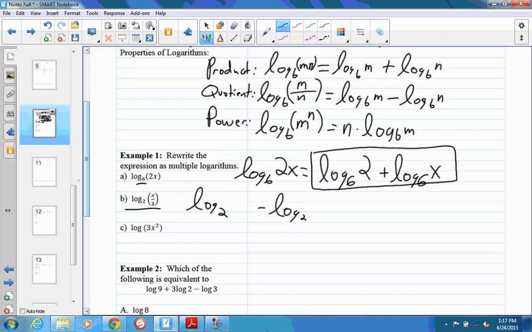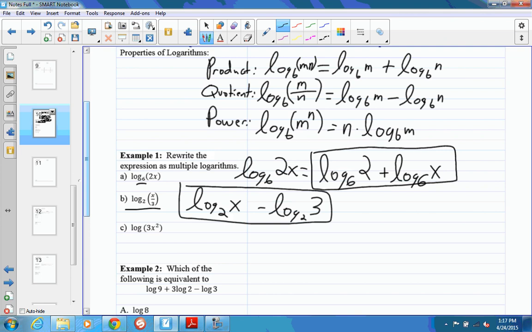Look back at your m over n and what order they went in terms of subtraction. Right, x is first, and then 3. Unless you put negative log base 2 of 3 plus log base 2 of x.